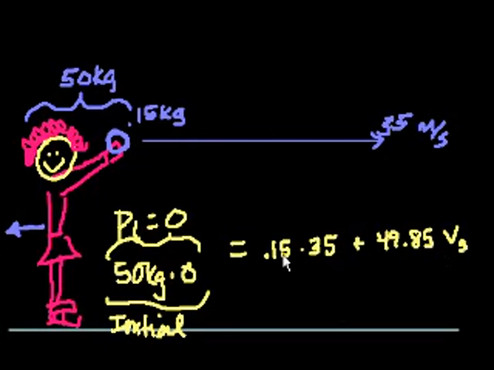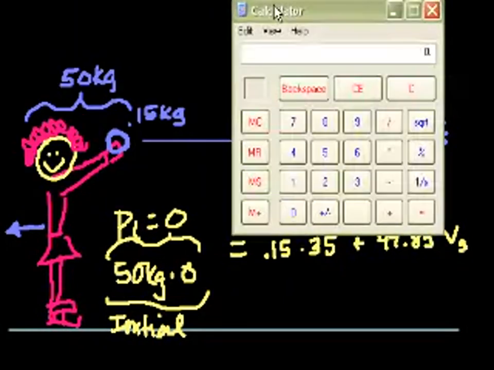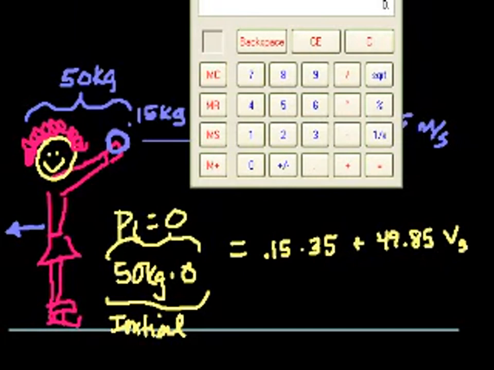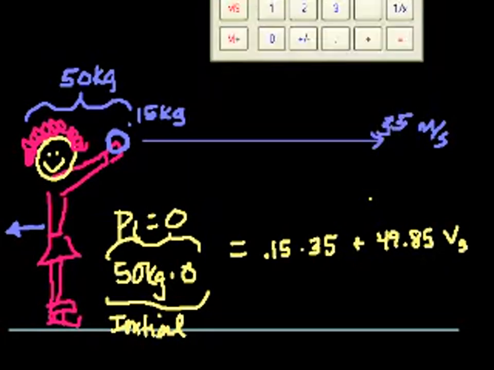Let me get my trusty calculator out. 0.15 times 35 is equal to 5.25.